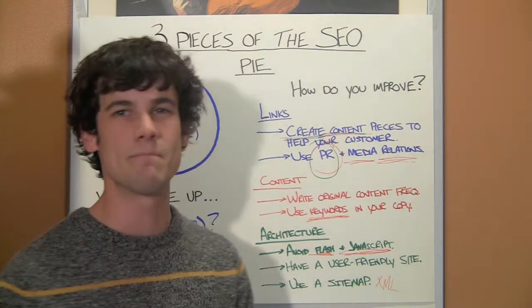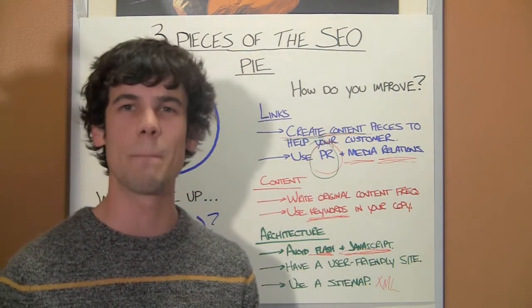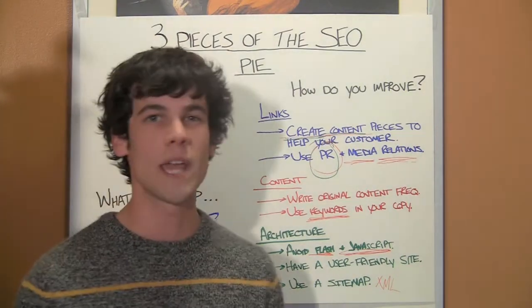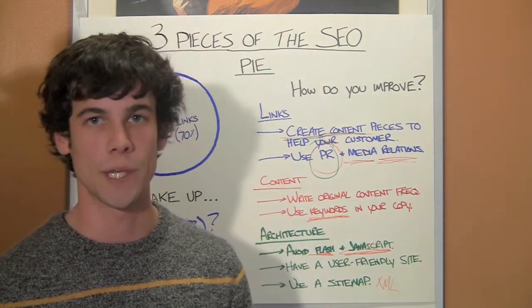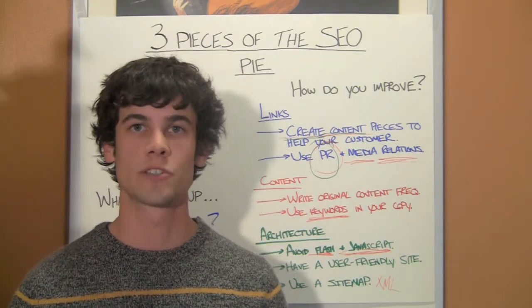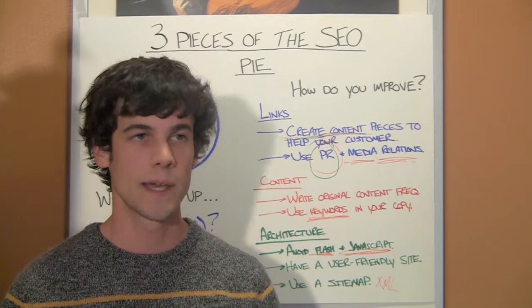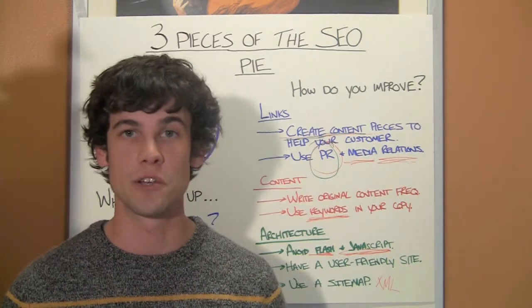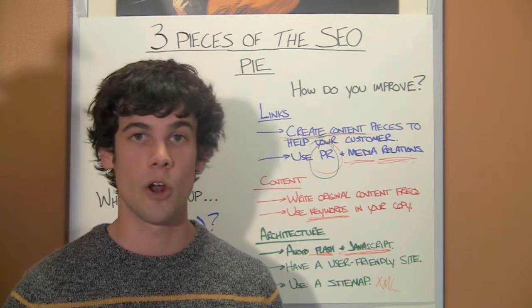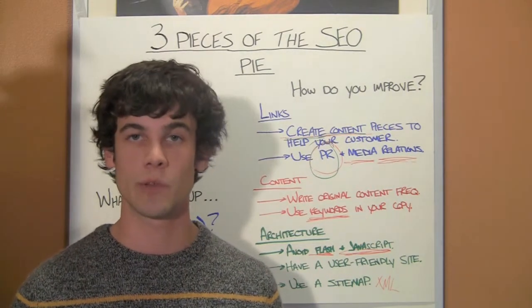So how can you get more content, and how can you get better content on your website? Well, the first thing you can do is write original content frequently. This is best if you have a blog or some sort of article, maybe a feed, where you can write industry-related articles. Let's stick with the flower theme.